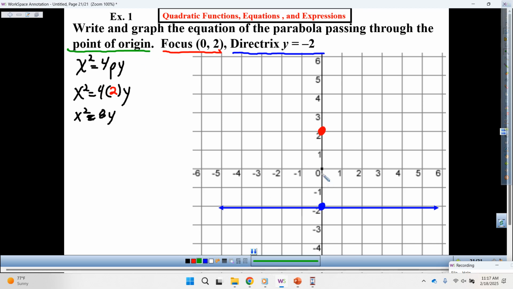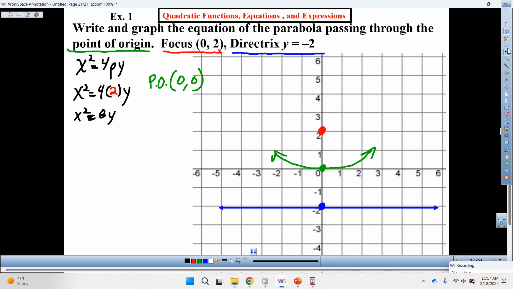Where's the point of origin? 0, 0. And it opens up or down, everyone? Up. That is correct. Something like this. However, the point of origin is 0, 0. So last week we did plenty of practice with this.